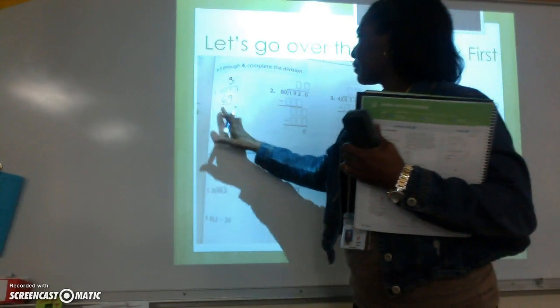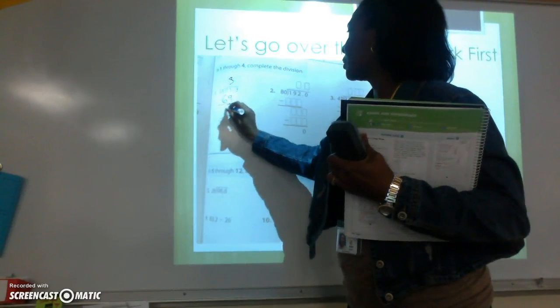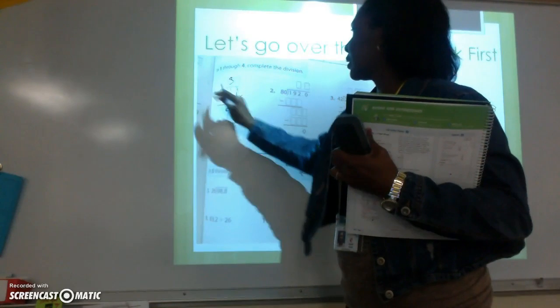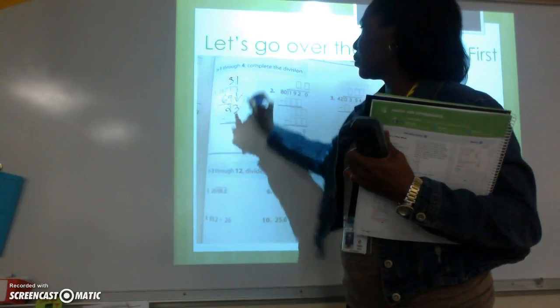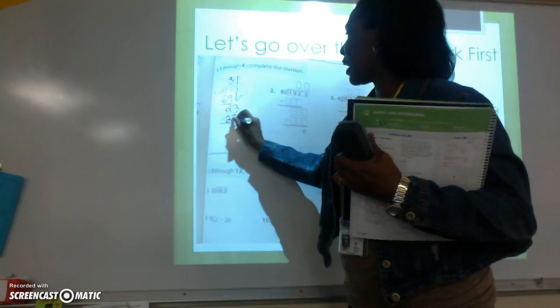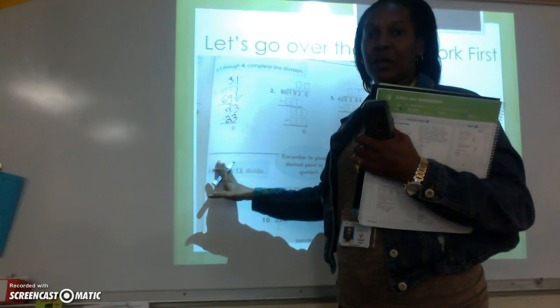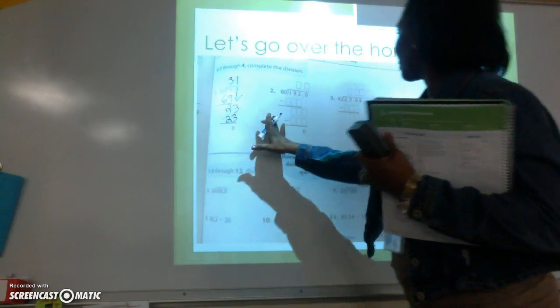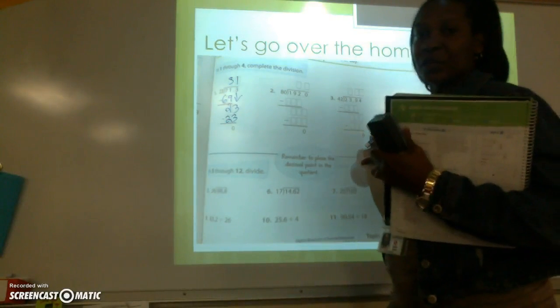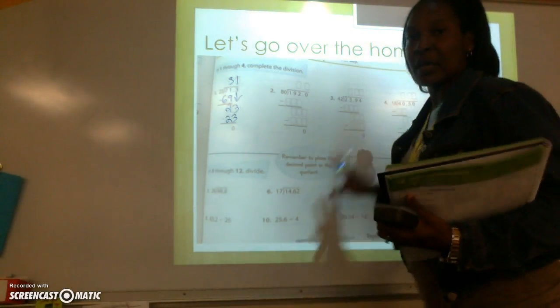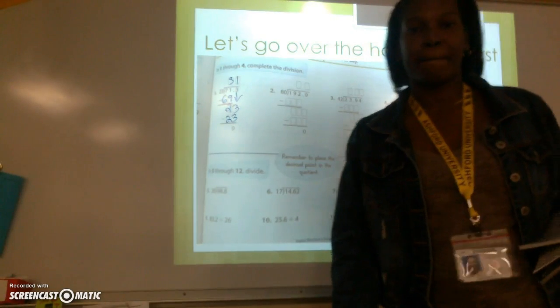The difference of 71 and 69 is 2. Bring down our 3. 23 will go into 23 one time, and that will leave you with a remainder of 0. For the rest of the problems across the top, I'm just going to fill in the answers for you to check, and then I'll do a few more on the bottom.